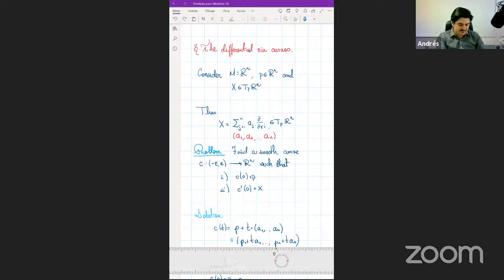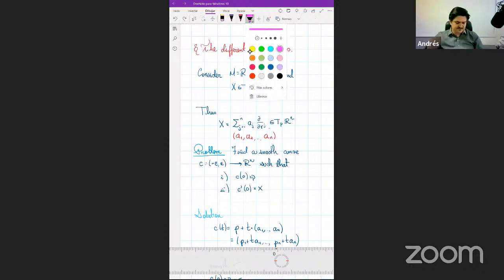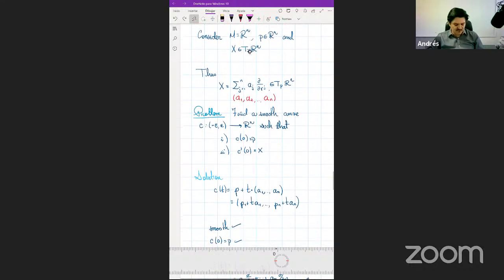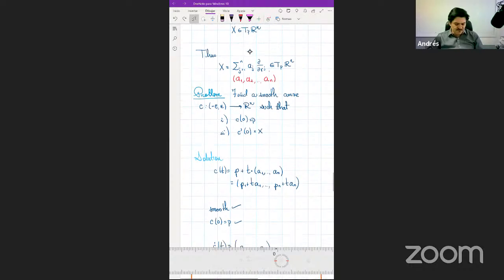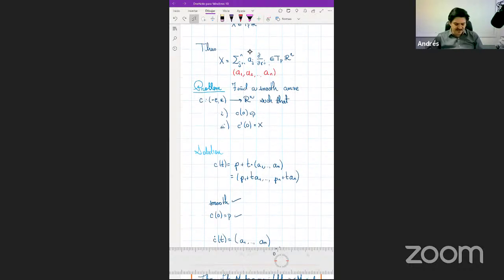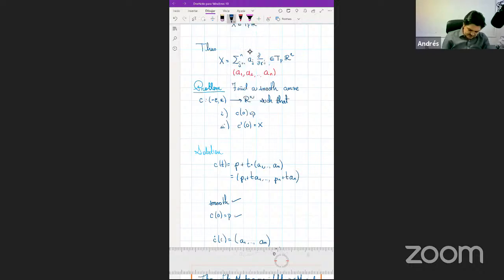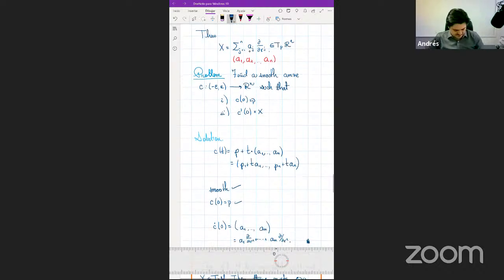So the example that we want is a smooth curve with C at 0 equals p, and the derivative is constant, in particular at 0, because I only care about the derivative at 0. So let me make that more precise here. This is true, but we only care about 0. Exactly this. Okay.